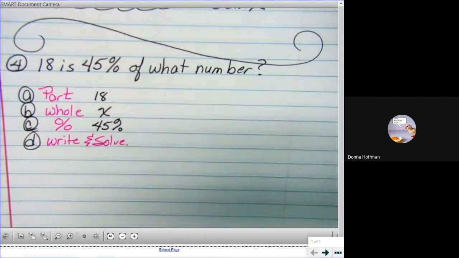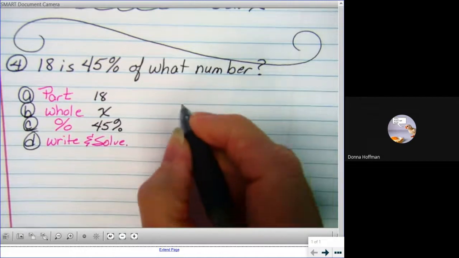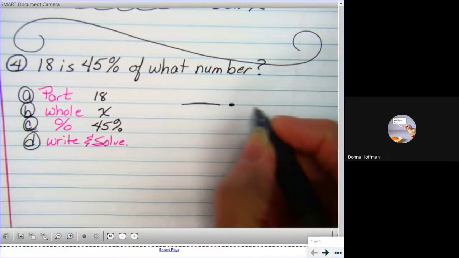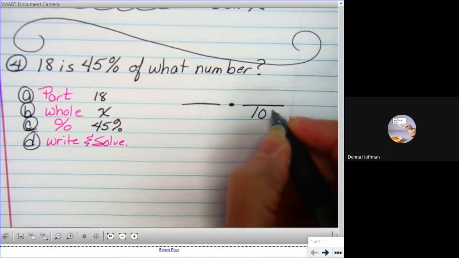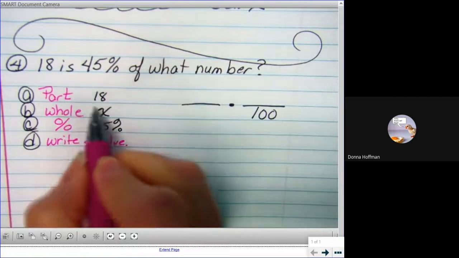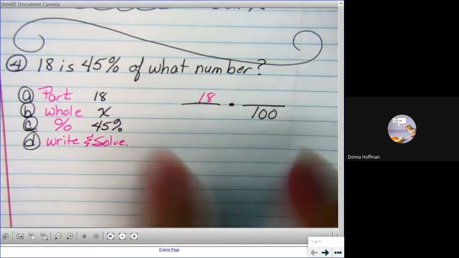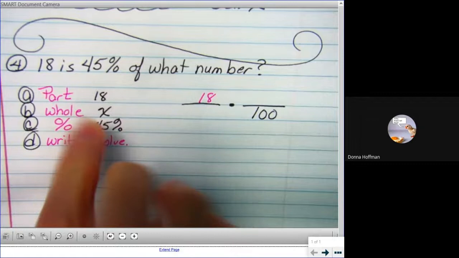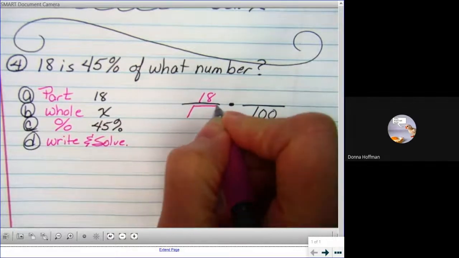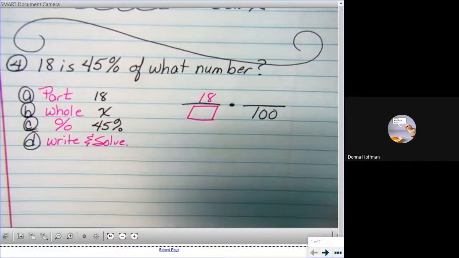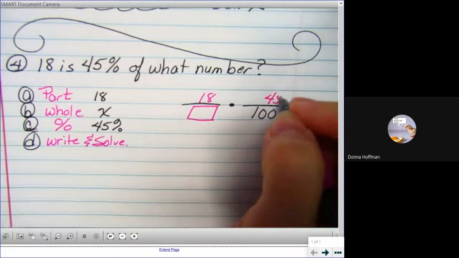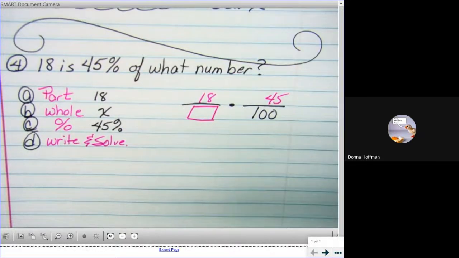So now you're ready to set it up into your format. So 18 is my part. My whole, I don't know. And my percentage is 45. So now we need to cross multiply, right?